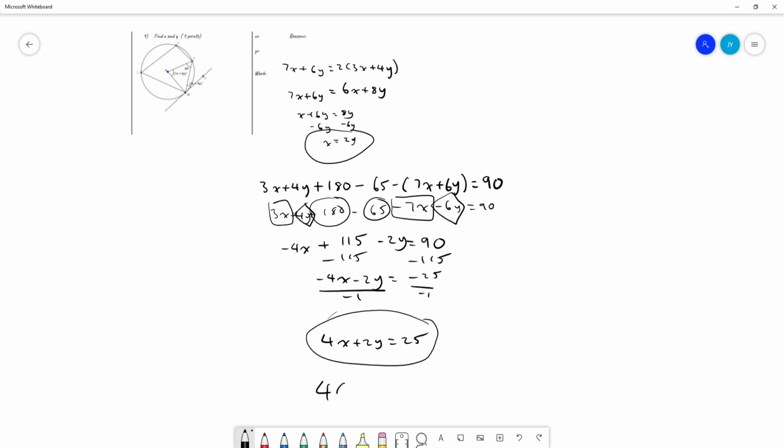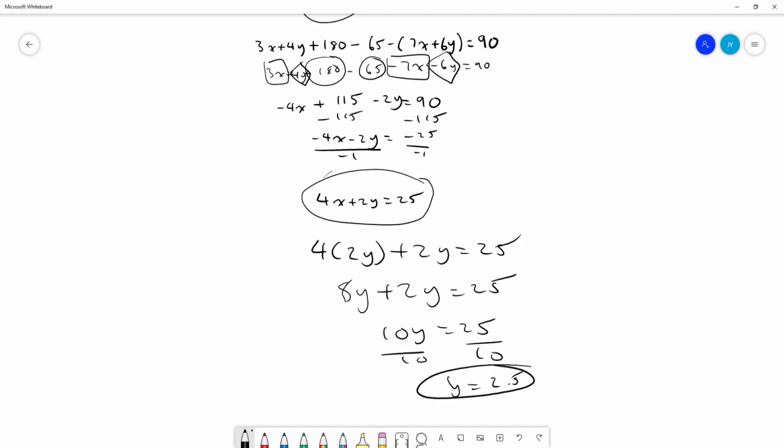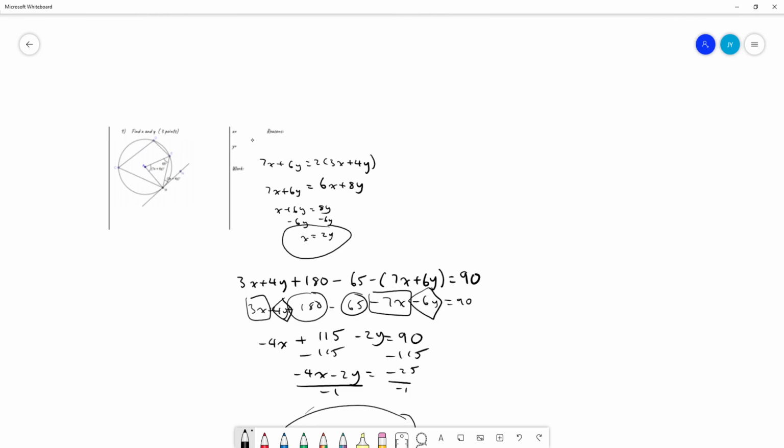It's going to be 4 times 2y plus 2y equal to 25. So it's going to be 8y plus 2y is equal to 25. So 10y is equal to 25. y is equal to 2.5. Boom, so you got your answer for y, 2.5.